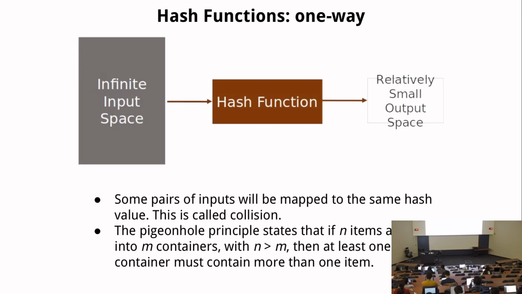This is the pigeonhole principle in combinatorics. Anyway, some math, right? So collision is inevitable, even if the output space is very big. So we want the collision to be difficult to find.